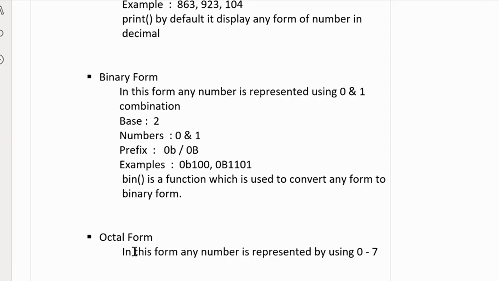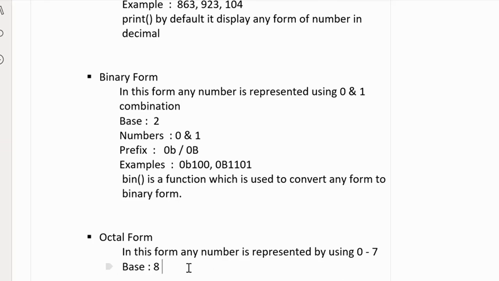Now, what is the base? How many numbers do you use to represent? What are the core base numbers? The base is nothing but 8. Octal stands for 8. If you count from 0, 1, 2, 3, 4, 5, 6, 7, there are 8 numbers.